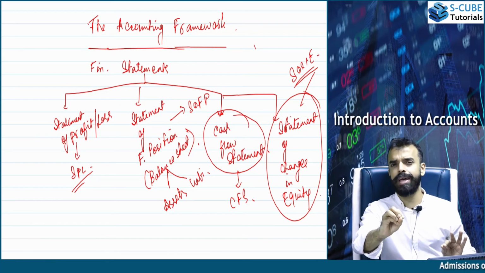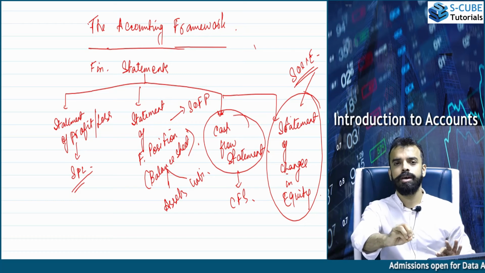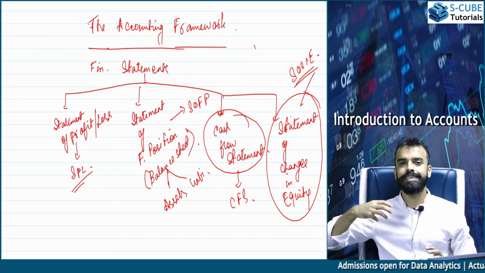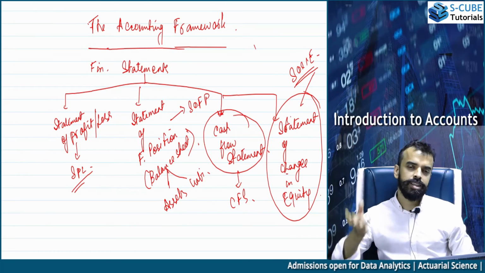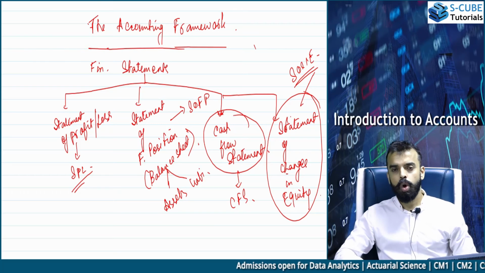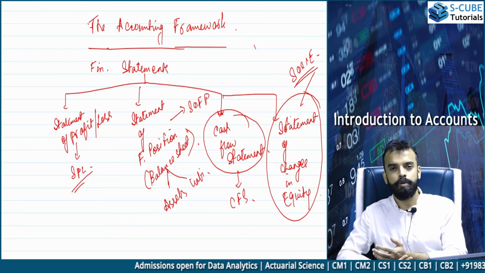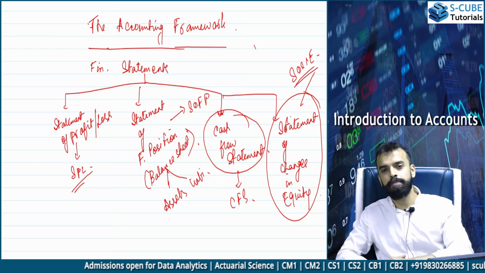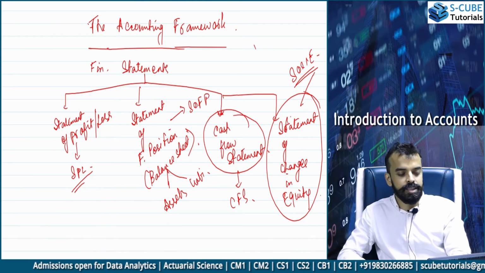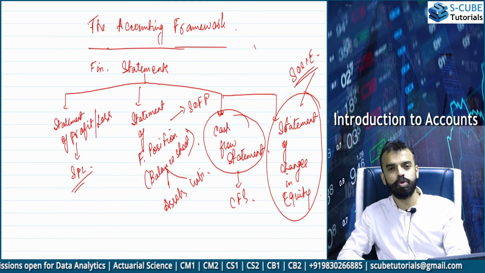Now, let us talk about the SOFP, the balance sheet. The same thing: the assets and the liabilities, whether the sources of capital have changed, whether the reserves have increased due to the profits, whether the asset values have come down or gone up, everything you can get a synopsis and a picture of through the balance sheet.